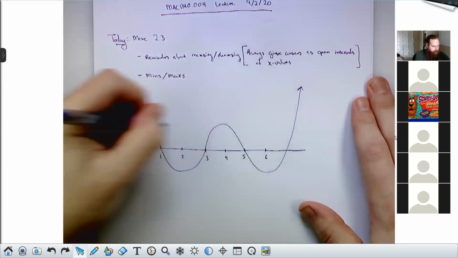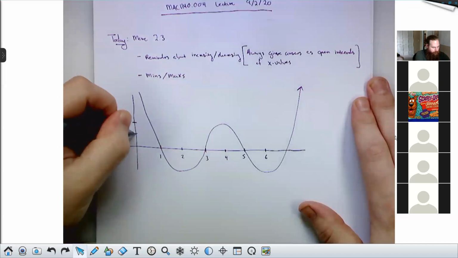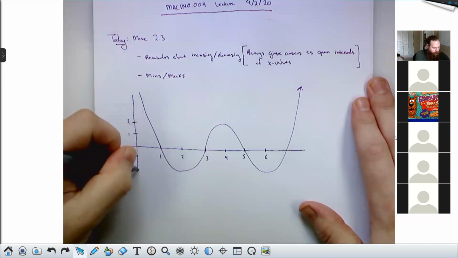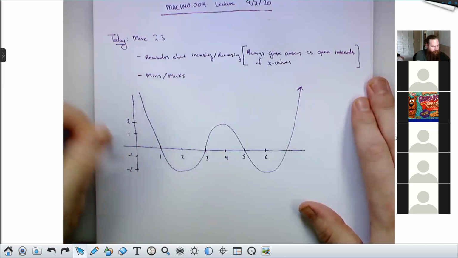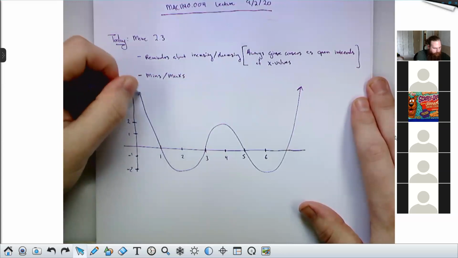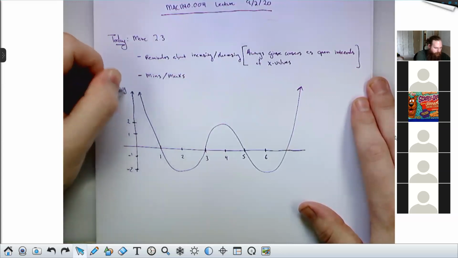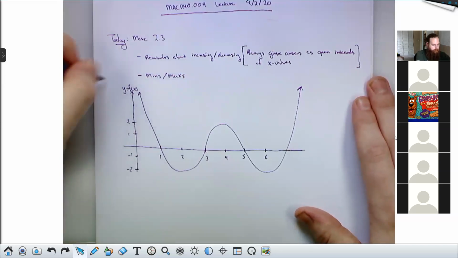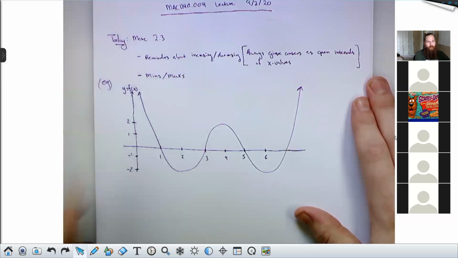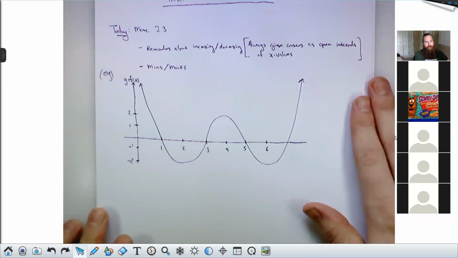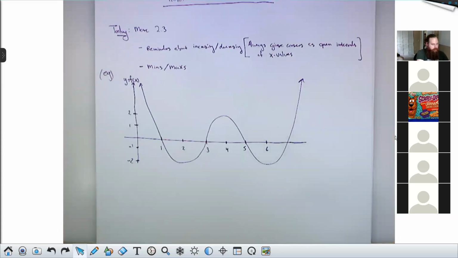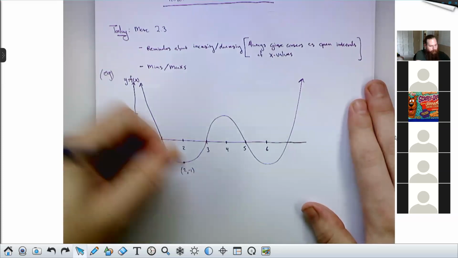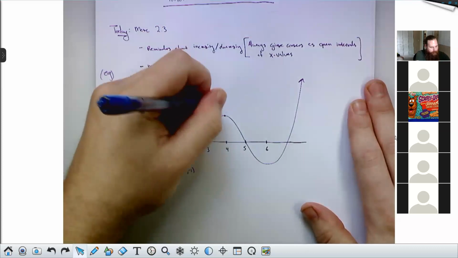I could say that this height here is 1, 2. And this down here is 1, 2. And this is the graph y equals f of x. So if I wanted to describe where this function is increasing and where this function is decreasing, what we don't want to do is be misled by any information about y values.